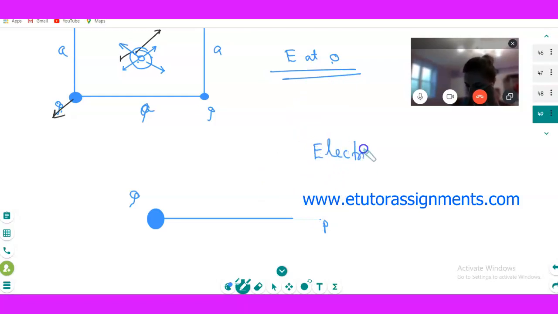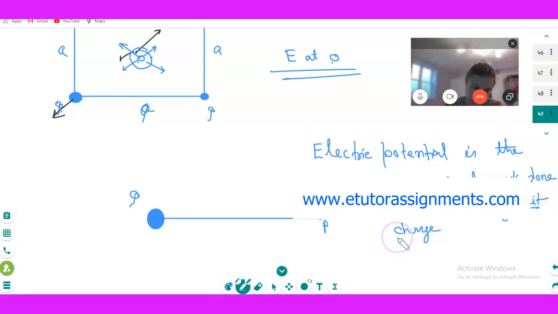Shall I write here? Electric potential. See, unit means 1 coulomb. Unit charge.